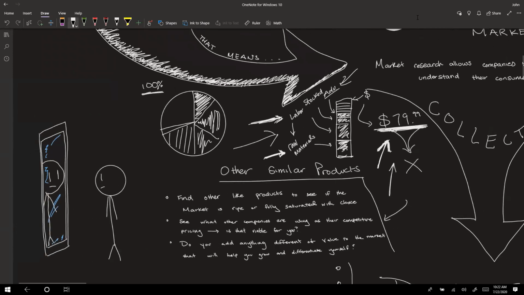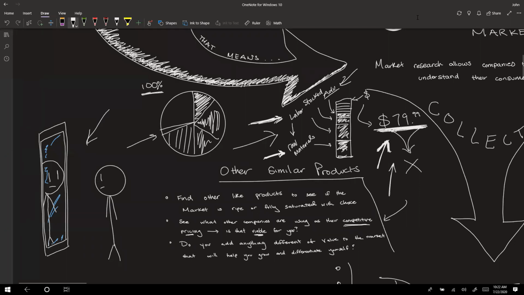And so the viability of your pricing and the competition's pricing, researching that and researching their strategies, is very important to understand. All right, am I going to be able to work in this market? Am I going to be able to survive, gain market share, and distinguish myself from all the other products out there?